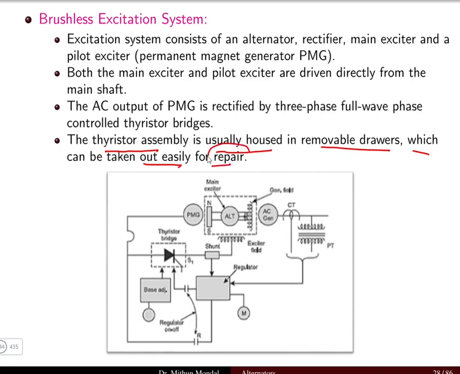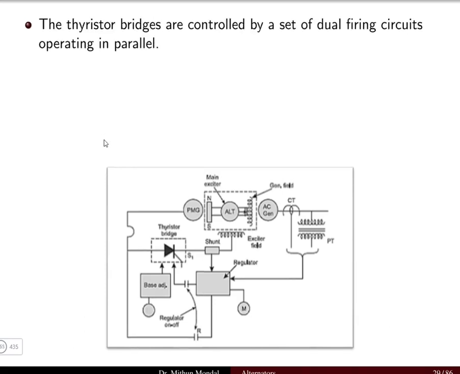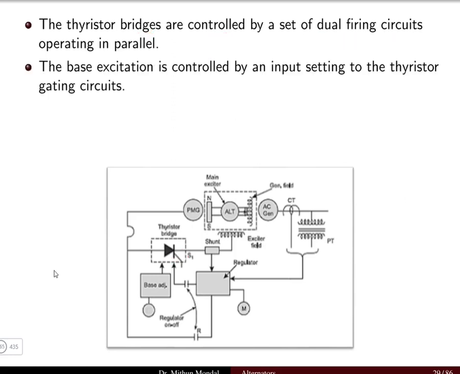So when we need to repair any part of the thyristors, we can easily take out the thyristor from the circuit. The thyristor bridges are controlled by a set of dual firing circuits which operate in parallel. So when we need to fire the thyristor circuit, we will have a dual firing circuit present in the system.